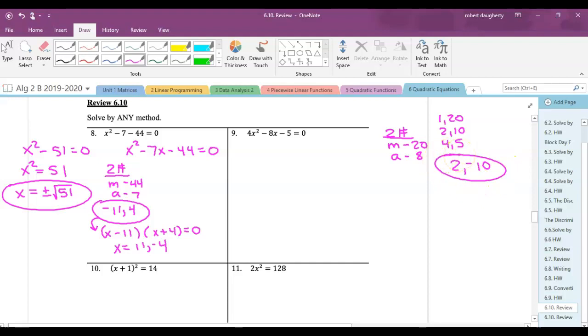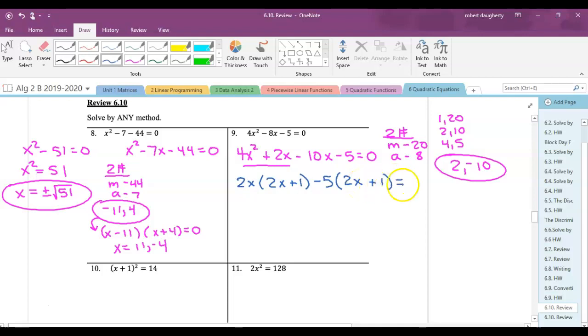add to negative 8. So I can rewrite this as 4x squared plus 2x minus 10x minus 5 equals 0. What can I factor out of those first two terms? It looks like I can factor out a 2x, and I'm left with 2x plus 1. Copy down the sign that you see next, which is a minus sign. What do I see in common with the next terms? It looks like a 5. What do you multiply negative 5 by to get negative 10x? That is 2x. What do you multiply negative 5 by to get negative 5?